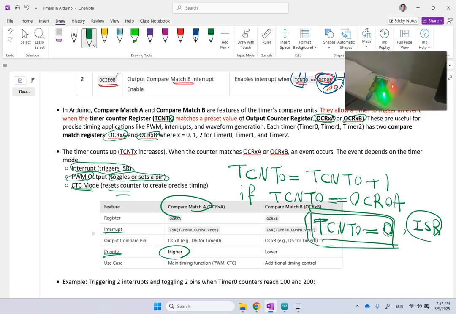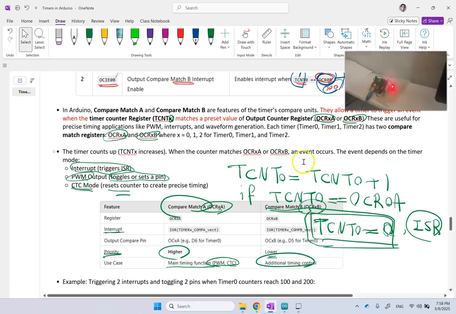That one is the one that goes first. And then it's B. So it's the secondary compare variable compared to the A one. Okay? So your main timing function in CTC and PWM is your A. If you want to set up something, set OCR 0A or 1A or 2A to something. If you need a secondary one, then go and use OCRXB. So it's your additional timing control with lower priority.